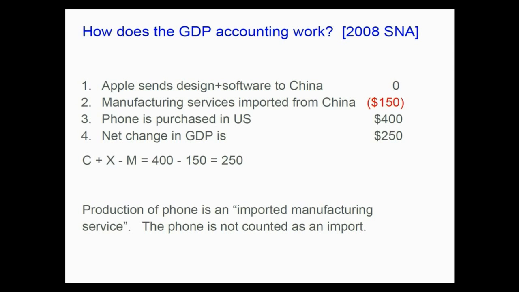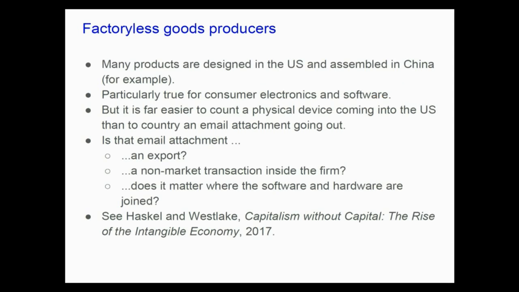The manufacturing services are imported from China. Okay, that's the convention. For phones purchased in the US, we get down to this net change in GDP of $250: the value of the phone, $400, less the value of the imported services from China. You end up getting the same number as in the last slide, but it's a little bit more logical in terms of how it's treated.